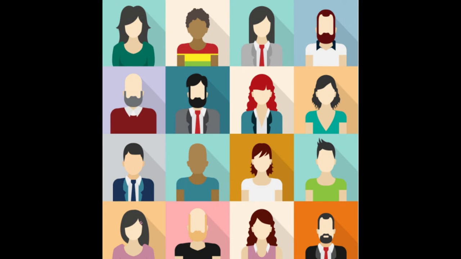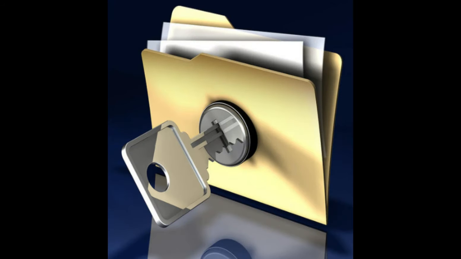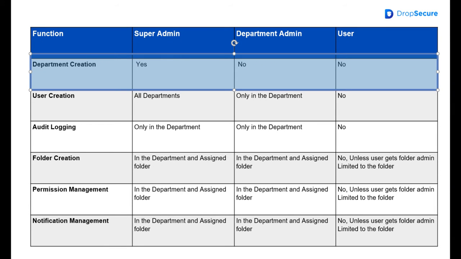IT admin can still create and manage users for all the departments, but has no visibility on the documents transferred by those departments. Let's go through this slide to understand each of these functions with an example.